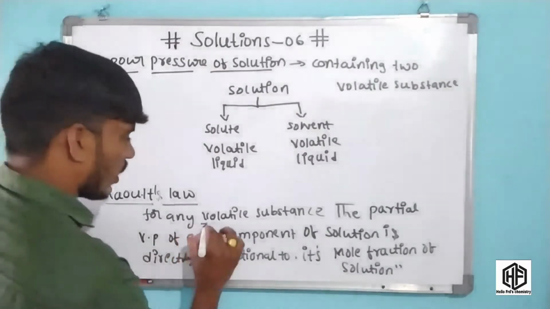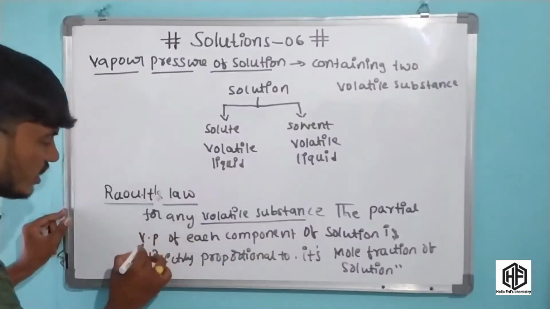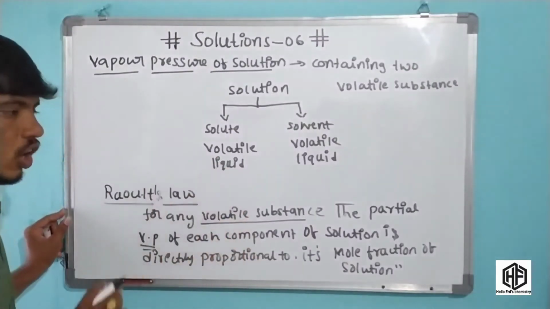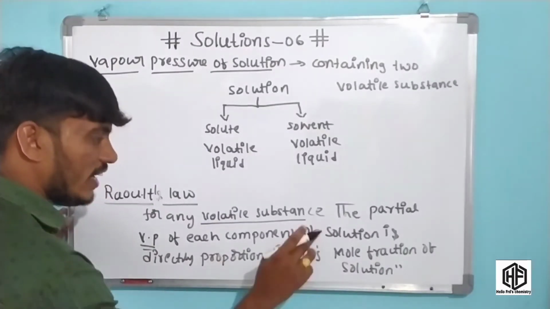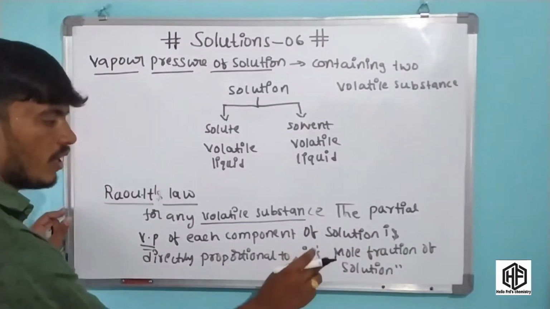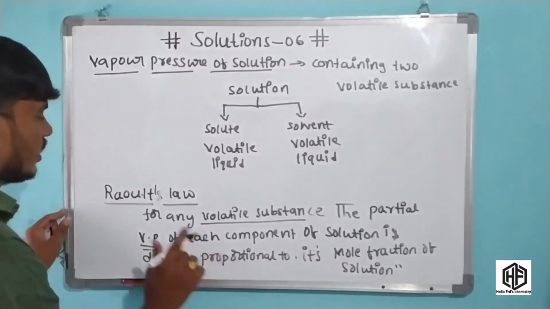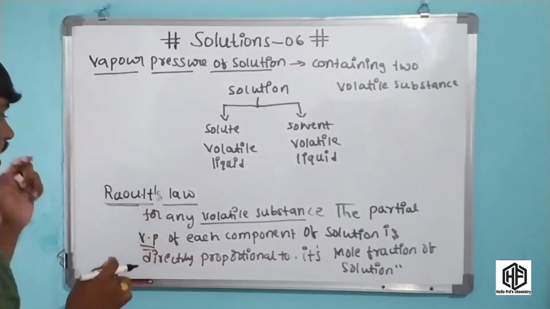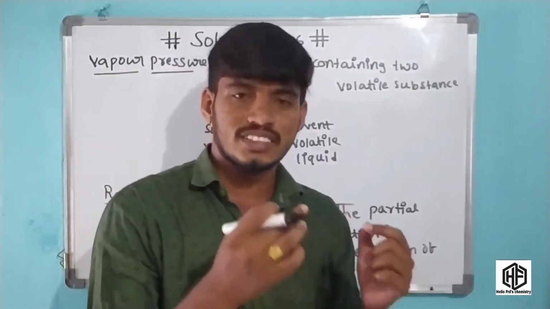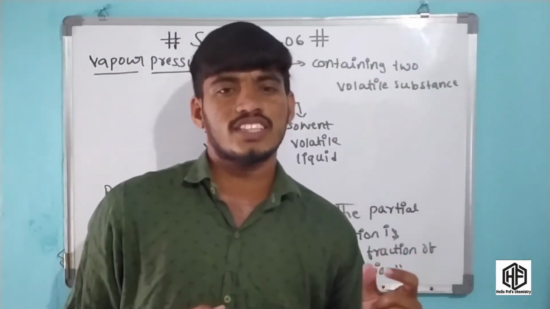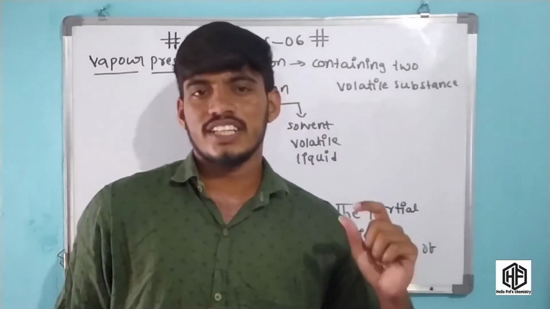Raoult's law is, for any volatile substance, the partial vapor pressure of each component of a solution is directly proportional to its mole fraction present in the solution. This Raoult's law explains that the partial pressure of a volatile substance is directly proportional to its mole fraction of the component present in the solution.